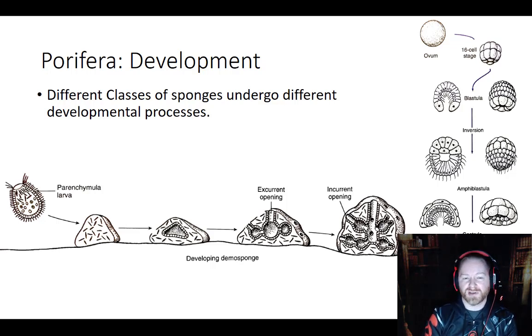So essentially, once it develops some tubes, it's good to go. The collared cells would then lodge in and form where they need to, so that they'll start pumping the flow of water, and the sponge can start feeding. So they're different because they're such a simple type of animal. That is often also reflected in their development.